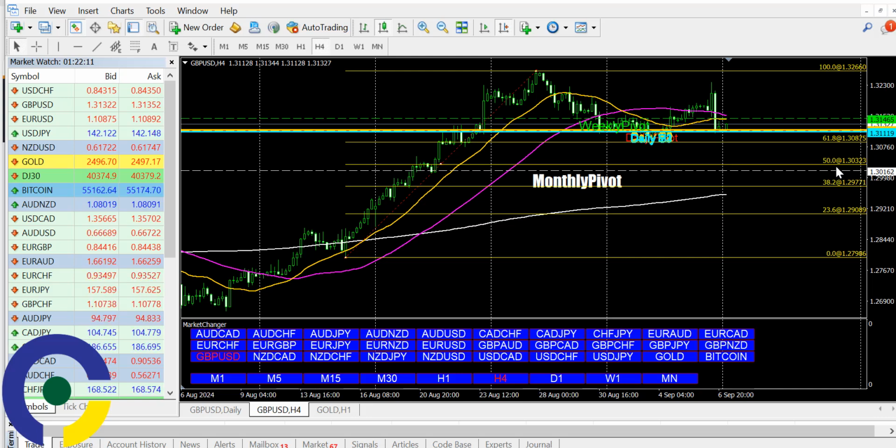So in fact, we can make 2 or 3 entries around here, around here, and around here. You just want to look at two major entries, 50% here, another one here. That's the 200 period moving average here at 1.29574 and around the monthly pivot point.